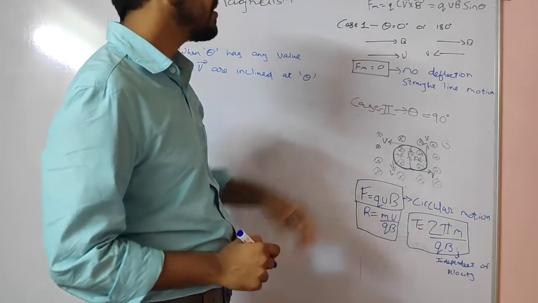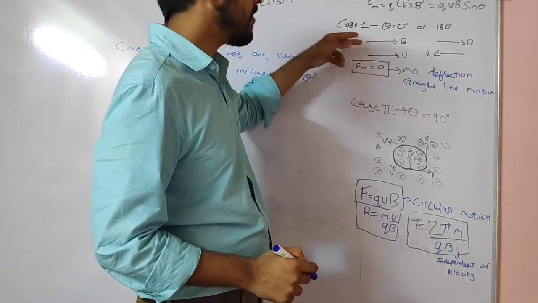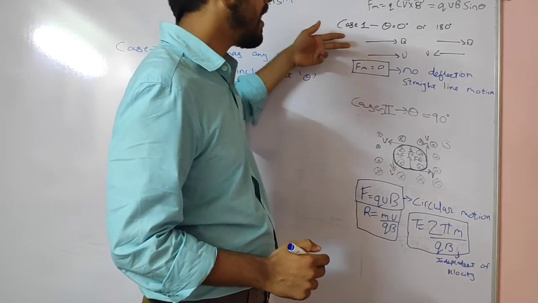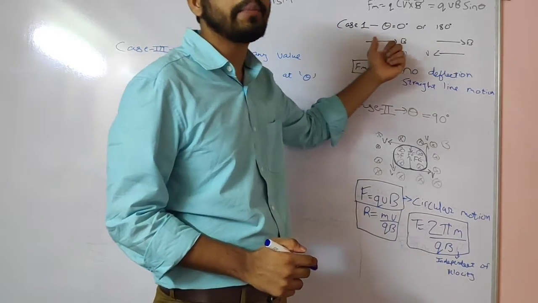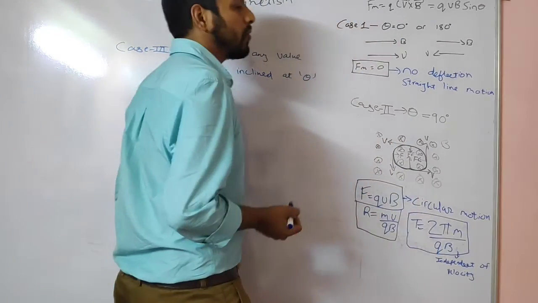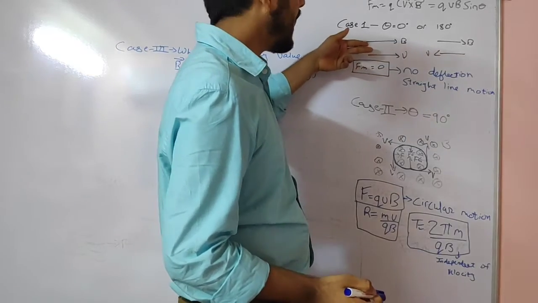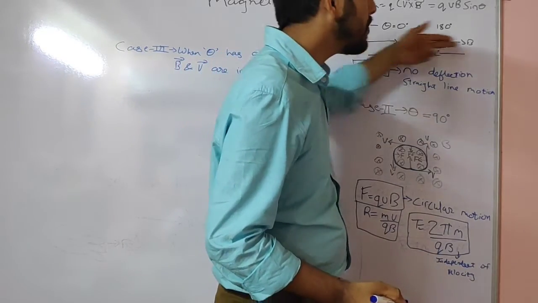We have already seen that if the value of theta is 0 or 180, which means that velocity and magnetic field are either parallel or anti-parallel, then the value of magnetic force will be equal to 0, which means there will be no deflection and the charge will move in a straight line.